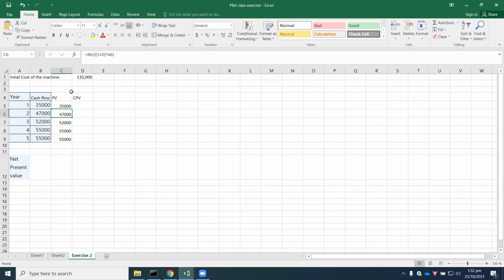Let's see what went wrong in this. Now that's B5 divided by 1 plus, since there's no discount rate, to the power of A5. This is correct. This changes to A6, A7, A8, A9.